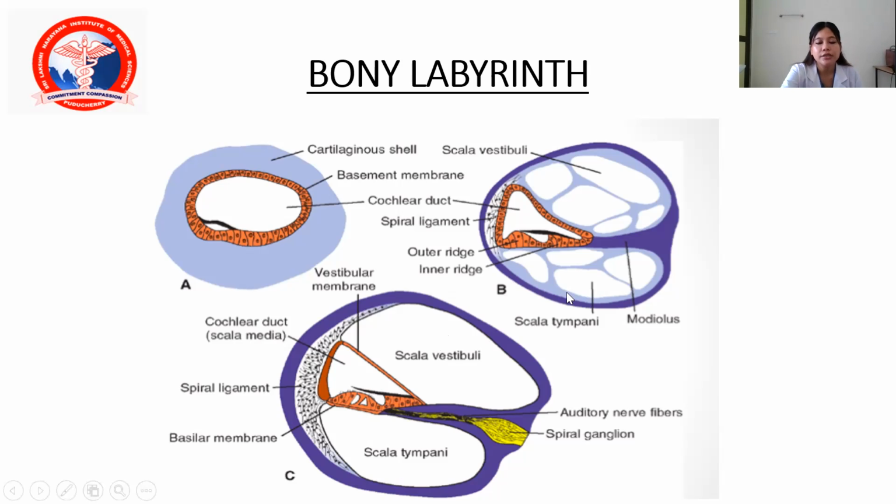Now, how is this formed? The cartilaginous otic capsule ossifies and forms the cochlea. The modiolus of the cochlea, around which the cochlear duct spirally turns, is formed by direct ossification from the mesenchyme.